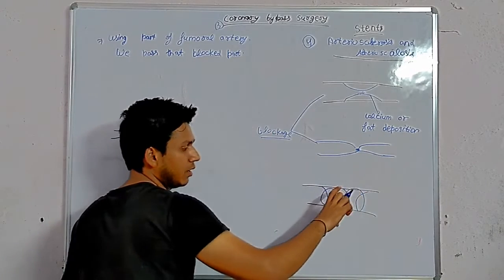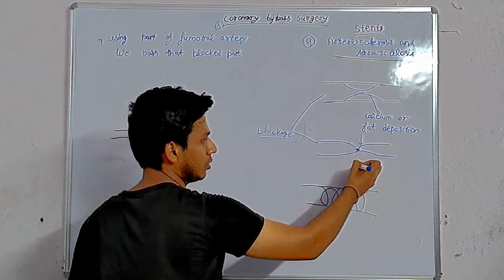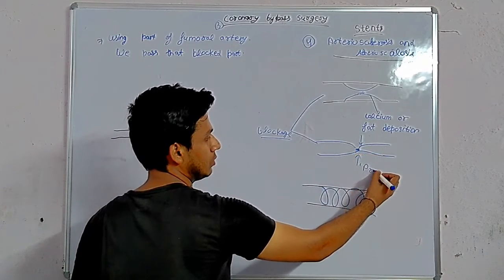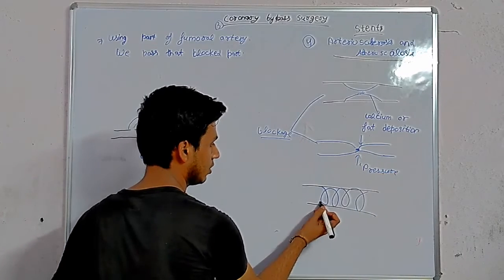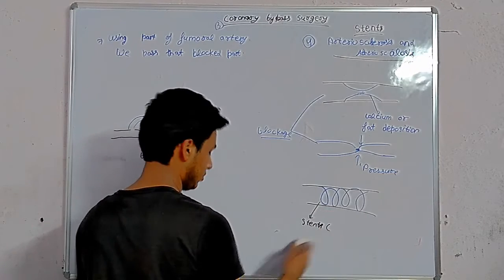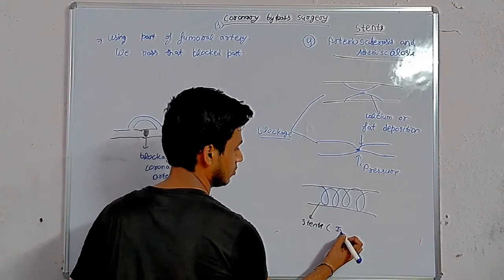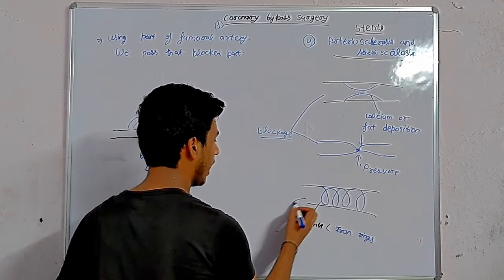They prevent further blockage by putting pressure outward. So these are stents, iron rings, and this technique is called angioplasty.